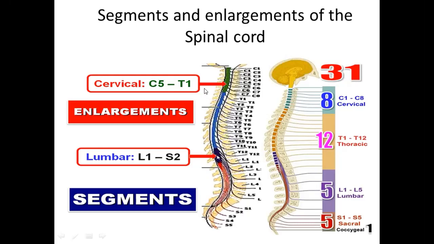These two enlargements are the cervical enlargement and the lumbar enlargement. The cervical enlargement is involved with formation of the cervical plexus, and the lumbar enlargement is involved with formation of the lumbosacral plexus. The lumbar enlargement extends from the first lumbar to the second or third sacral segment.